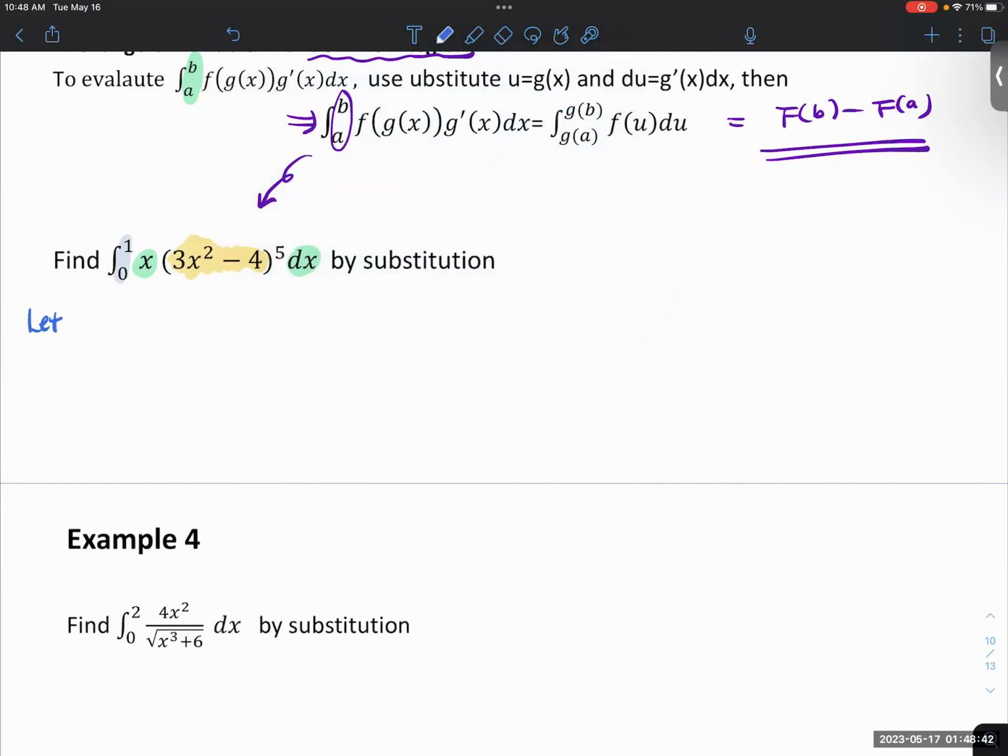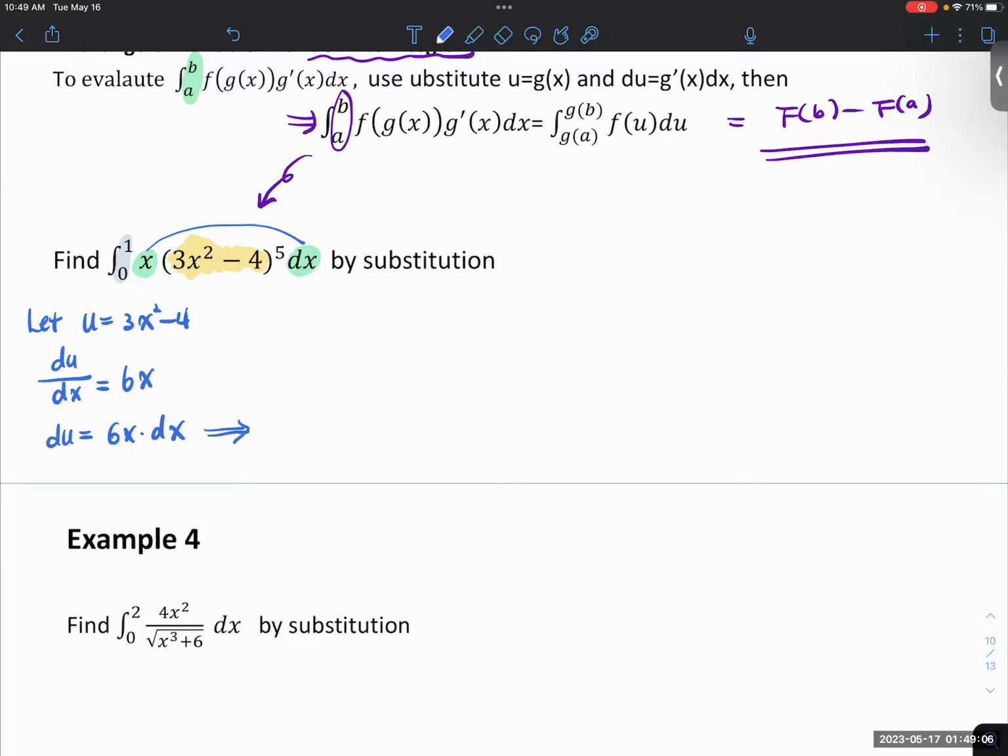Let u equal 3x squared minus 4. Take the derivative, du over dx equals 6x. And then cross multiplication, du will be 6x times dx. And I know I want to find x times dx, so I'm going to divide both sides by 6.